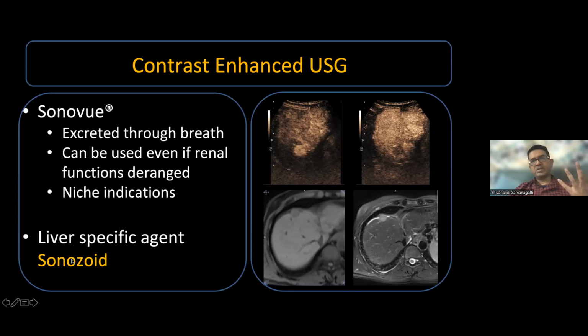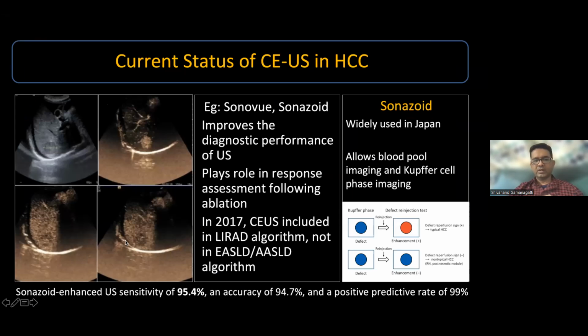There is another liver-specific contrast enhanced ultrasound, widely used in Japan as a screening modality apart from grayscale ultrasound, called Sonazoid. This is taken up by the Kupffer cells. They give two injections. One is given at the start, and imaging is done at 15 to 20 seconds, where they screen the entire liver.